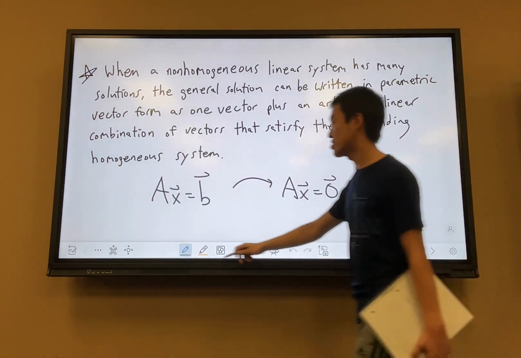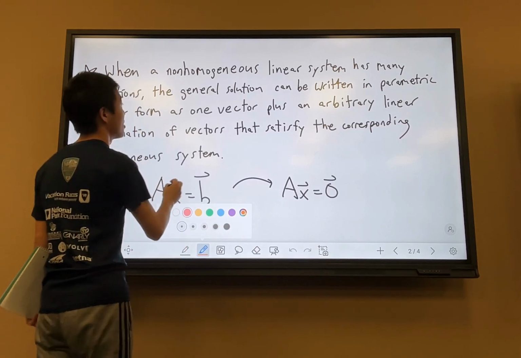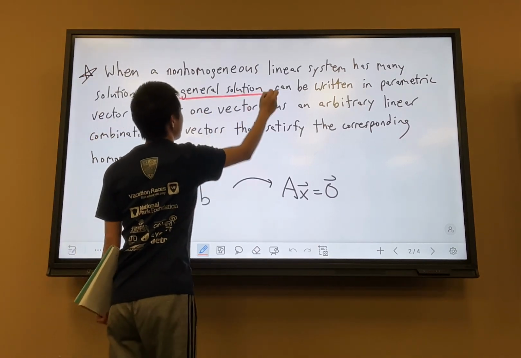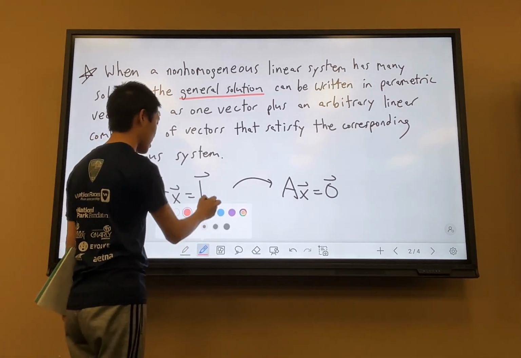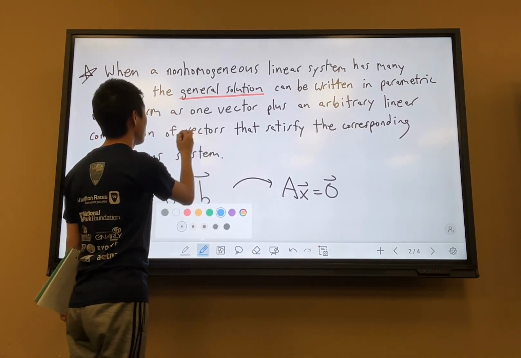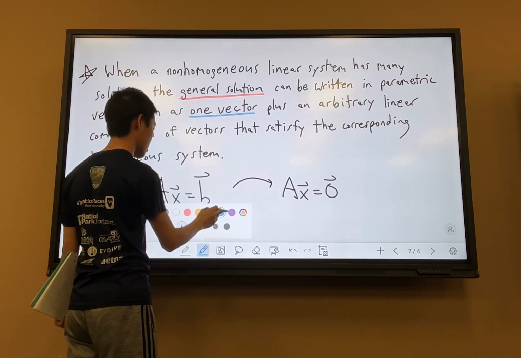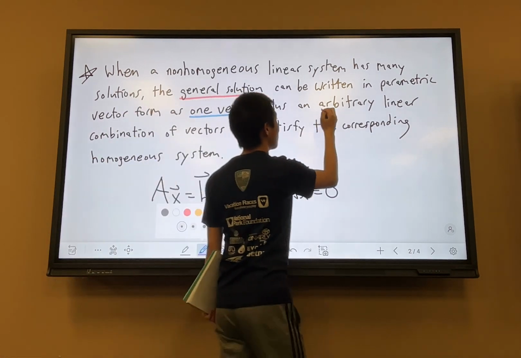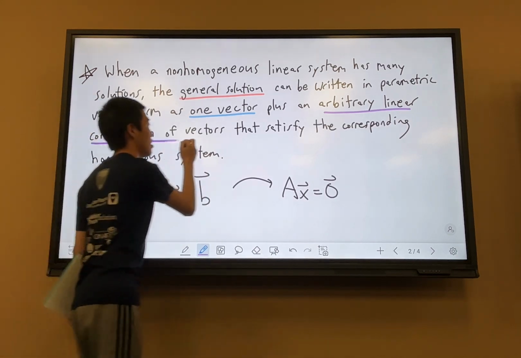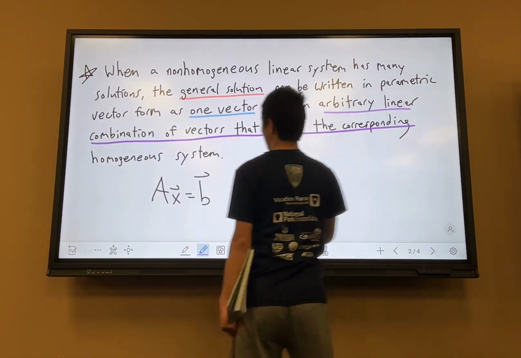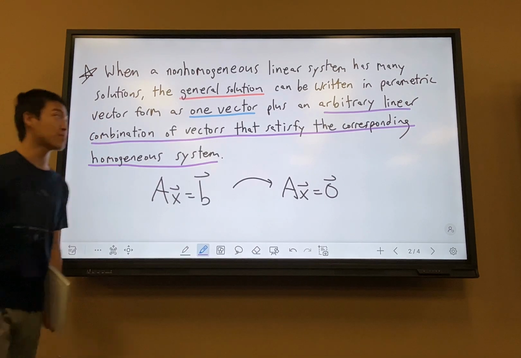If I color code this so we can keep track of everything: the general solution can be written in parametric vector form as one vector plus an arbitrary linear combination of vectors that satisfy the corresponding homogeneous system. So we're going to look for these components.